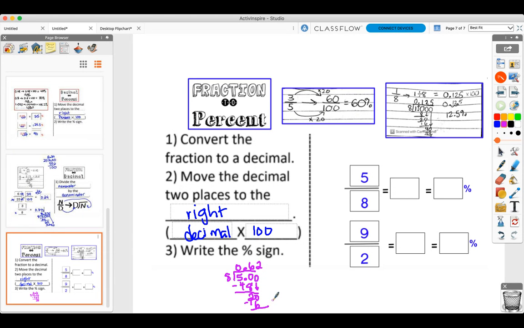And that's going to be 4. And add another 0 here, bring that down. 8 goes into 40 5 times. So this is going to be 0.625. And then you're going to be multiplying this by 100. That means you're moving the decimal 2 places to the right. So it's going to be 62.5%.